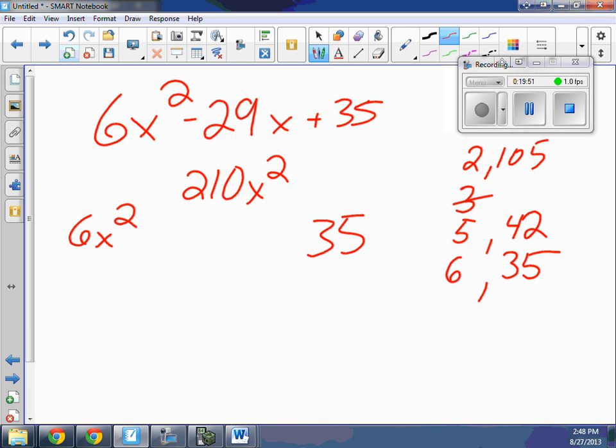Okay, and I know they're both negative, so it's minus 6x minus 35x. Oh, you're right. I was doing different signs. Thank you. That's not right.